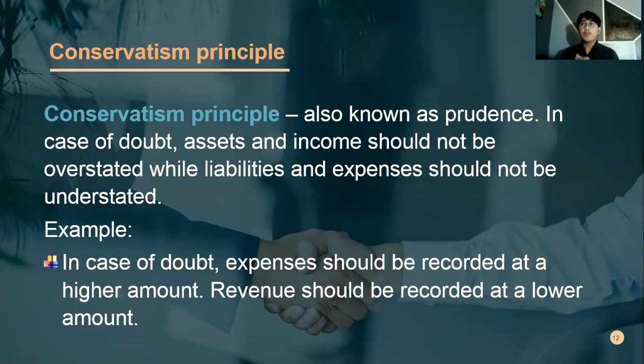Okay? So, for example, may nawala or hindi mo matandaan kung ilan yung nilabas ng business, wala din kayong record, okay? For example lang, then nagda-doubt ka kung ilan yung pera na lumabas. So, the expenses should be recorded in a higher amount, not less.